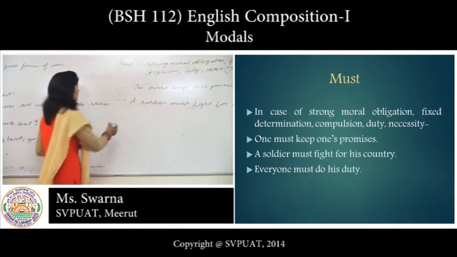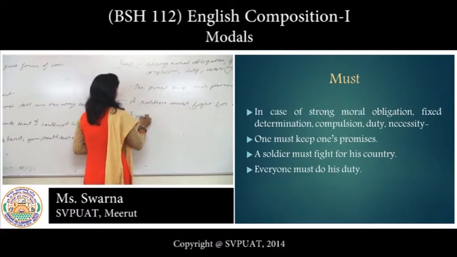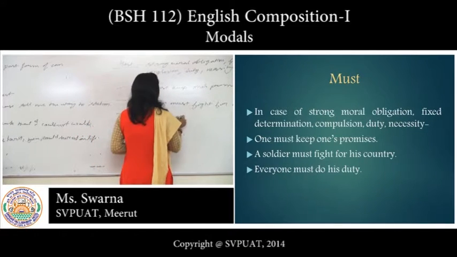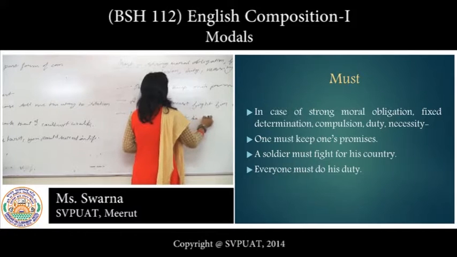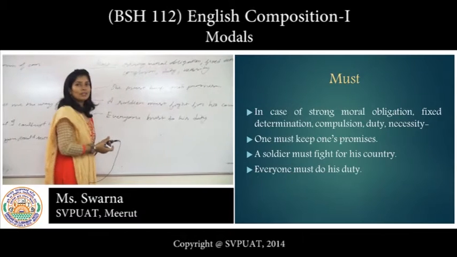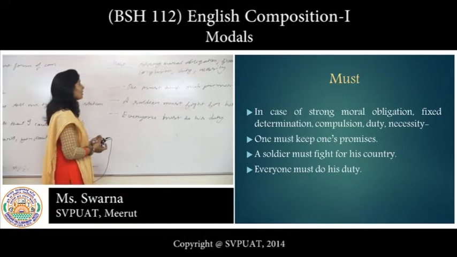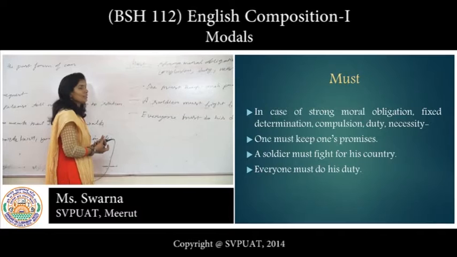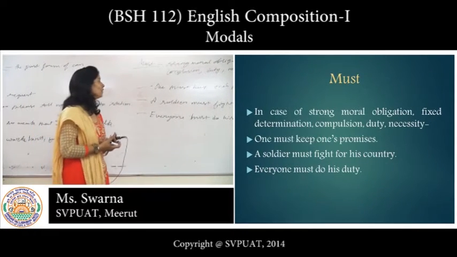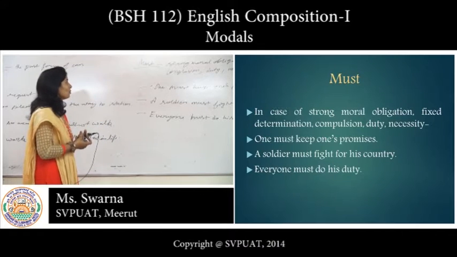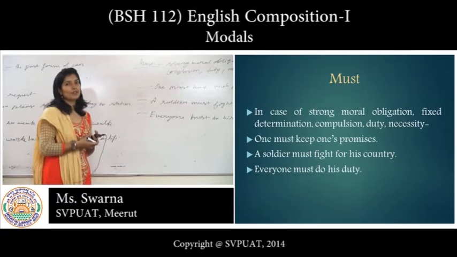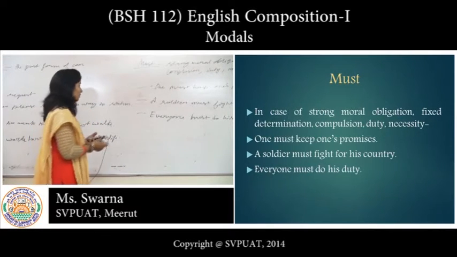And the next example is, everyone must do his duty. This is the case of duty, or you can say compulsion. There are so many examples which express the feelings of a strong moral obligation, fixed determination, compulsion, duty and necessity. But in these cases we always use must.